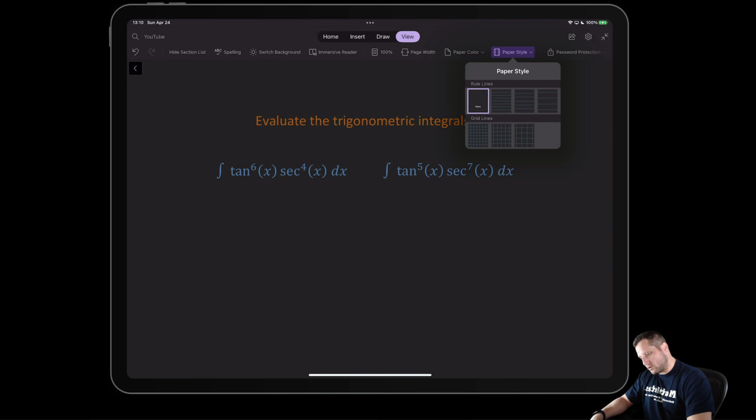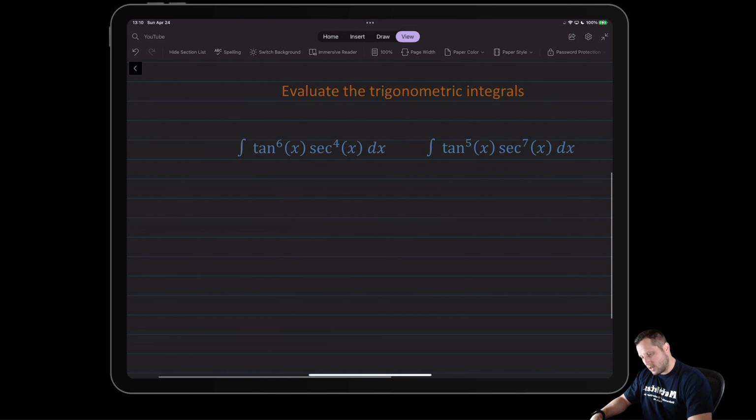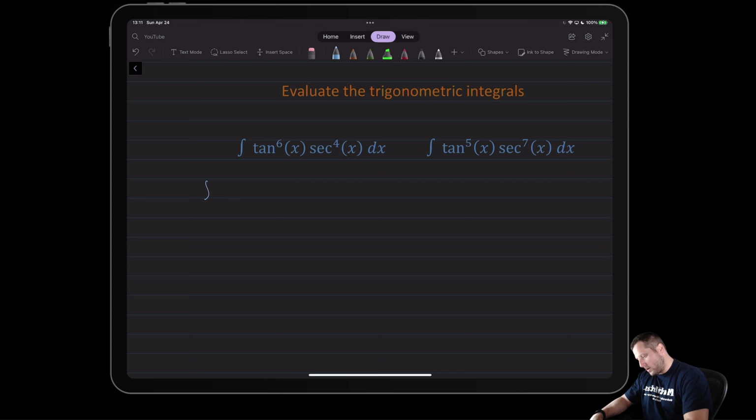So I'm going to do a little algebraic manipulation to get this started. Secant to the 4th power is the same as secant squared squared, right? So I'm going to rewrite this as the integral of tangent to the 6th power of x times secant squared of x times secant squared of x dx.